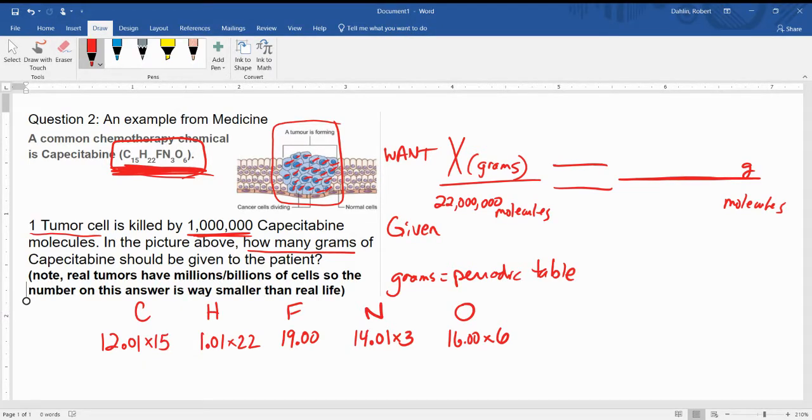So 12.01 times 15 plus, and this one might be easier to use parentheses around things. You have to do all the multiplying first, remember, for order of operations.